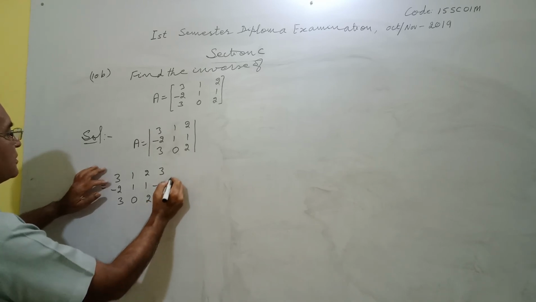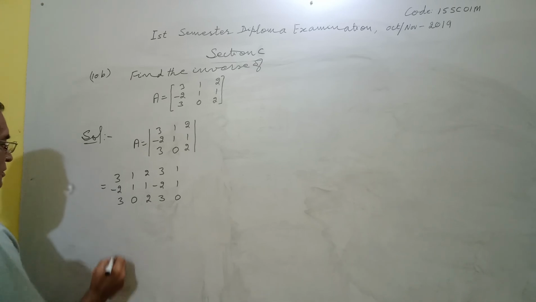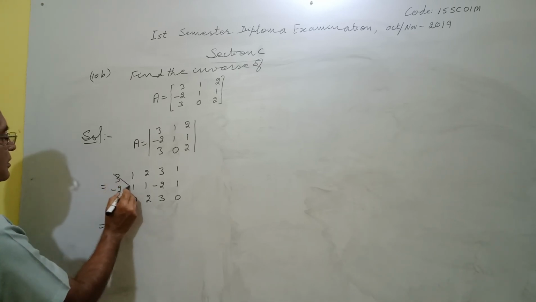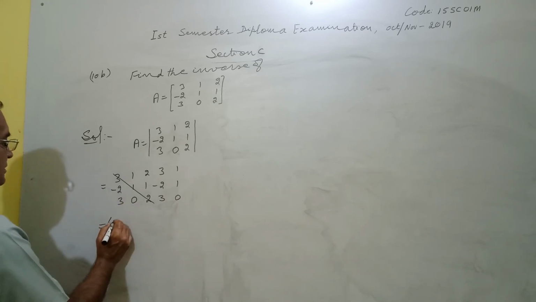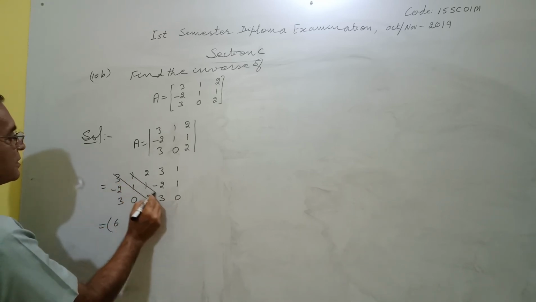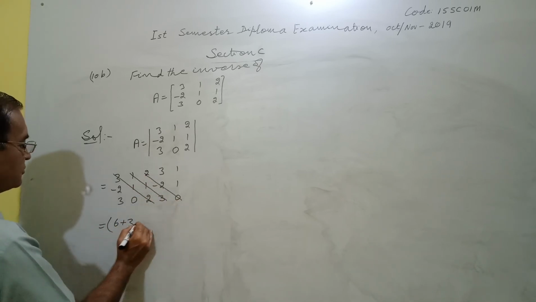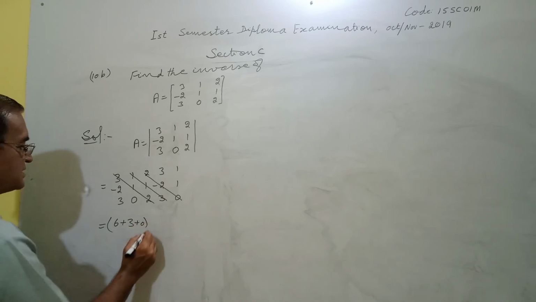Minus 2 3, 1 1 0. Multiply in cross, that is the primary diagonals: 6, plus 3 1 0 comes as 0. You can expand it your way. One more way is there.